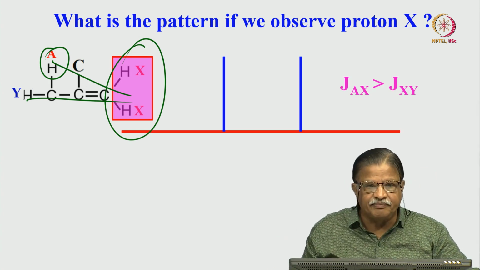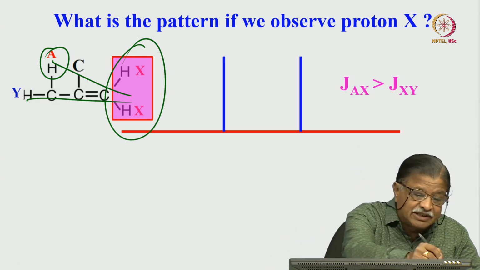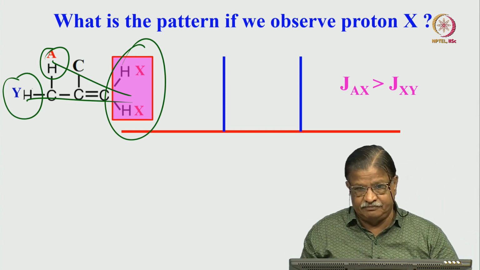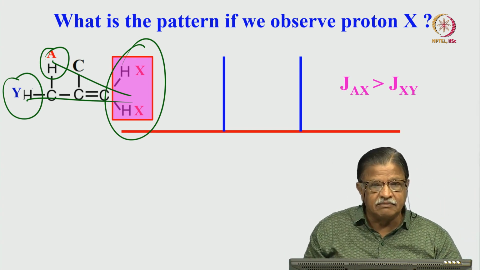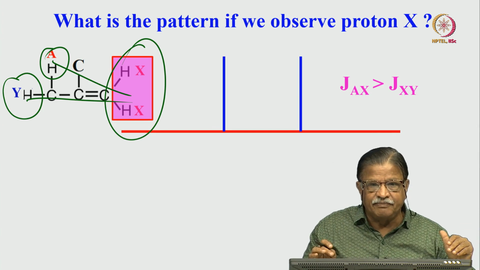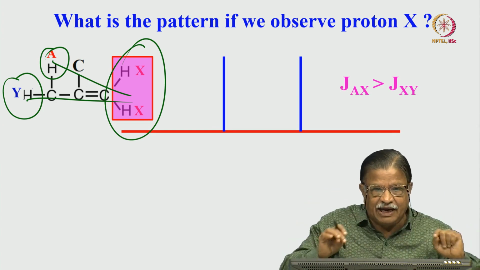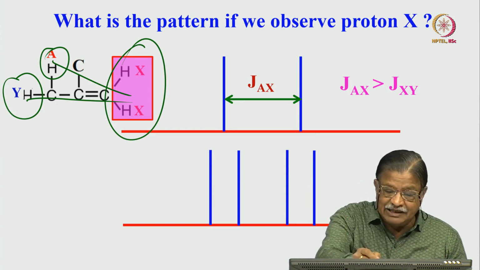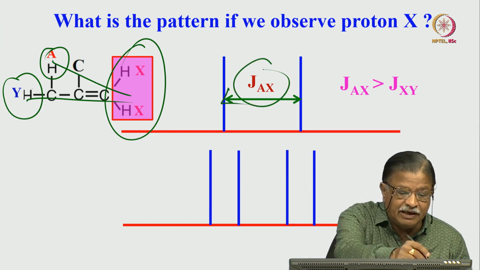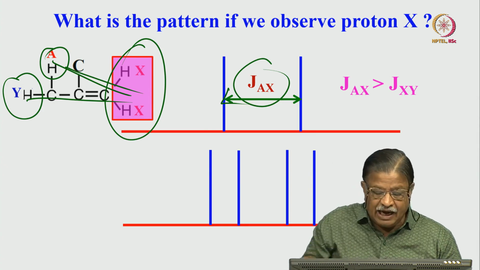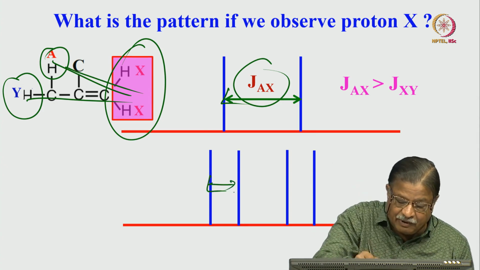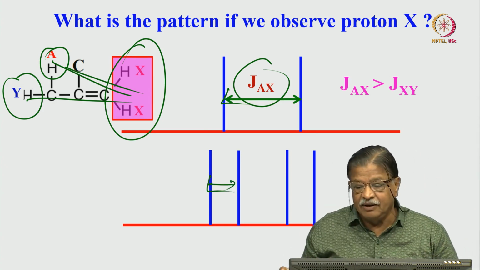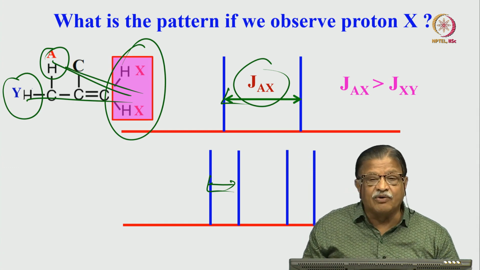It will be a doublet, but it also sees the Y proton, again a single proton. Then each line of this doublet is going to be further split into another doublet. The larger separation corresponds to AX coupling, and each line is split into another, smaller doublet that corresponds to YX coupling. So, what do you call this pattern?